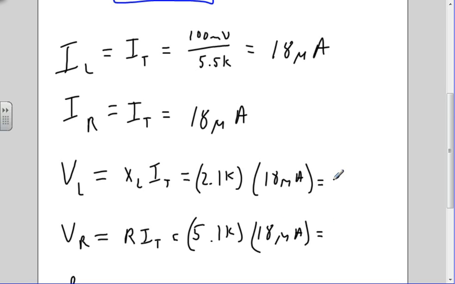Okay, 2.1E3 times 18E-6, we'll call it 38 millivolts. 5.1 times 18, we'll call it 92 millivolts.